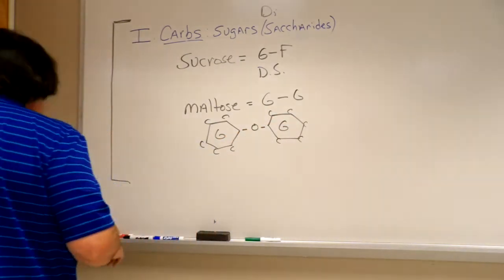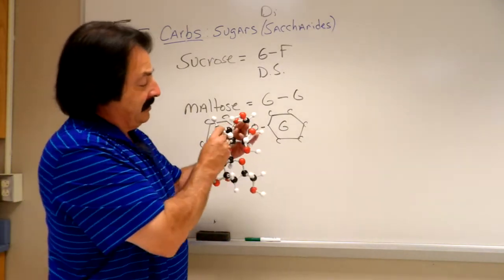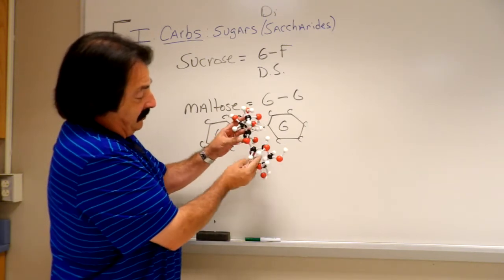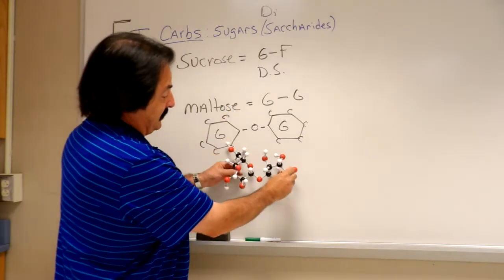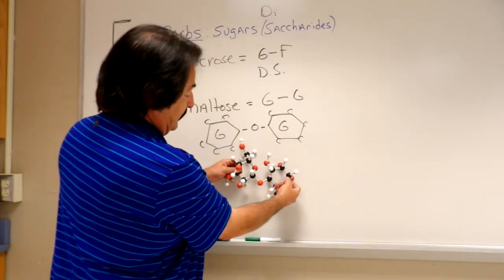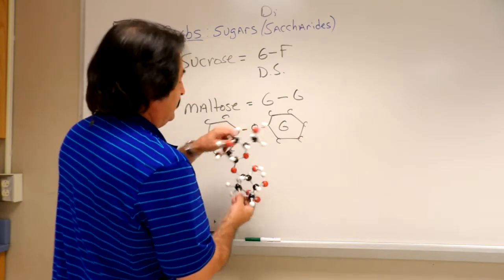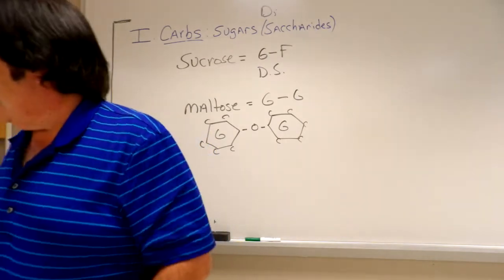And what did that look like? Well, it's right here. So here's my glucose right here. There's the single oxygen holding them together, and here's my other glucose molecule. So they'll lay this right here, 6 ring, 6 ring, maltose. Okay? All right.